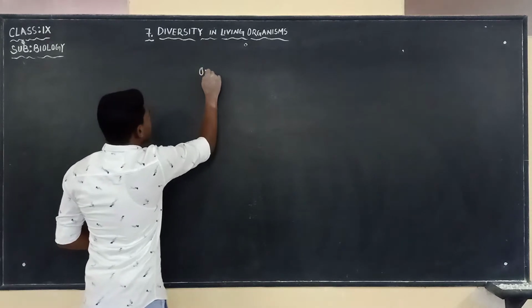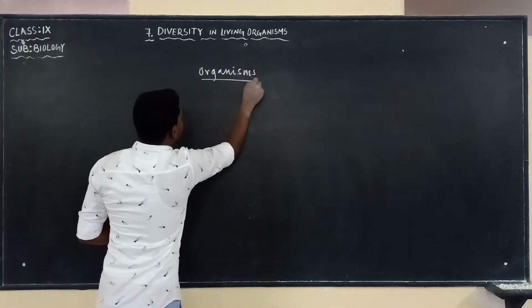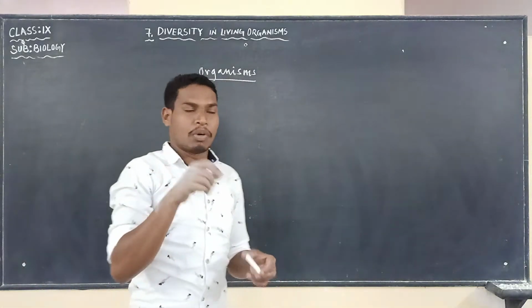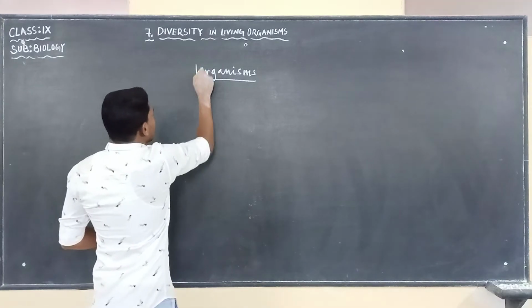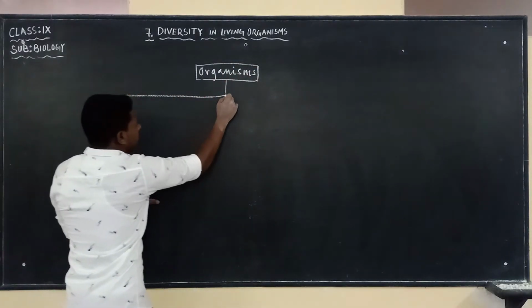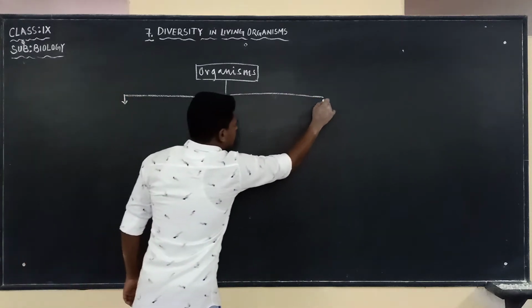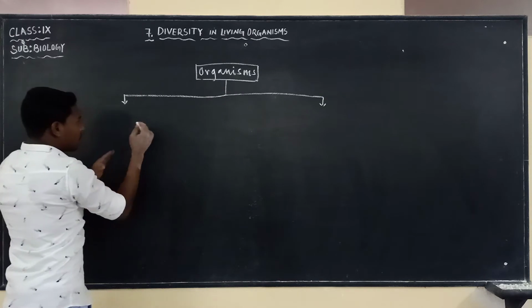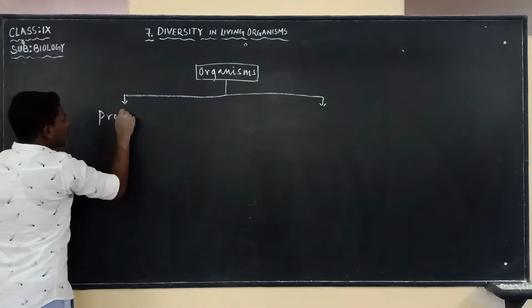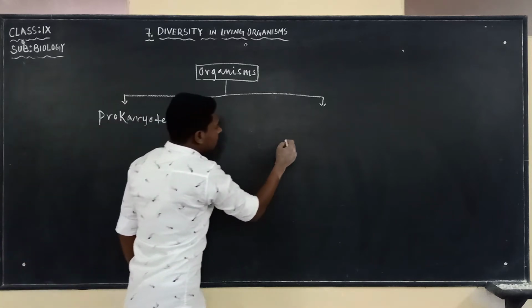Okay, so organisms were divided into two broad categories. They are prokaryotes and eukaryotes.